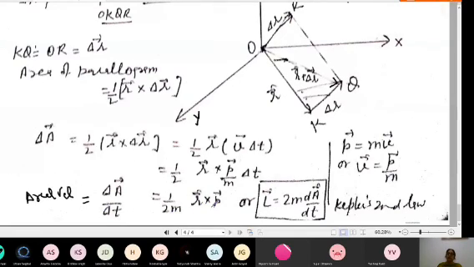And for the geometrical meaning of angular momentum, L can be written as 2m into dA by dt, that is, twice the mass of the particle into the areal velocity. So angular momentum can be written in terms of the areal velocity. That is the geometrical meaning of angular momentum. So whatever way the question is asked, you can always answer. Let us stop here for today.